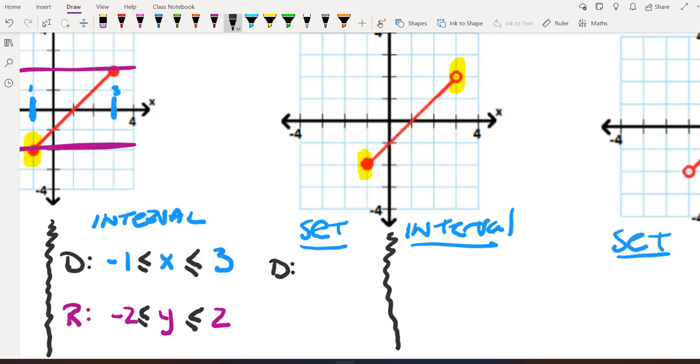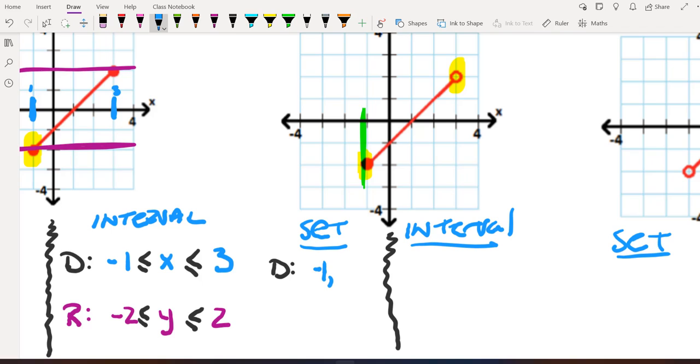So looking on our graph, the furthest left, the lowest value of x is right here. Right? What value are we at there? -1. Right? So we put in a -1. And next, we need to say what is the biggest value of x can be for this graph.